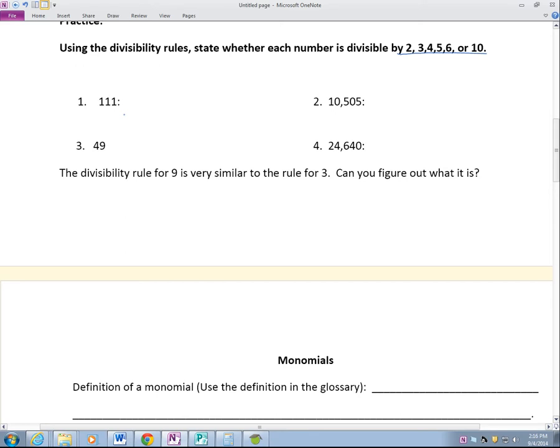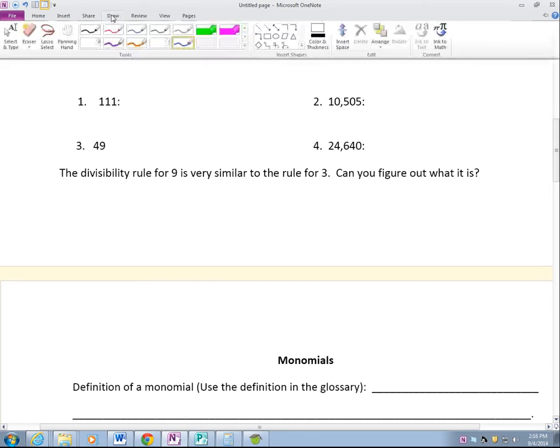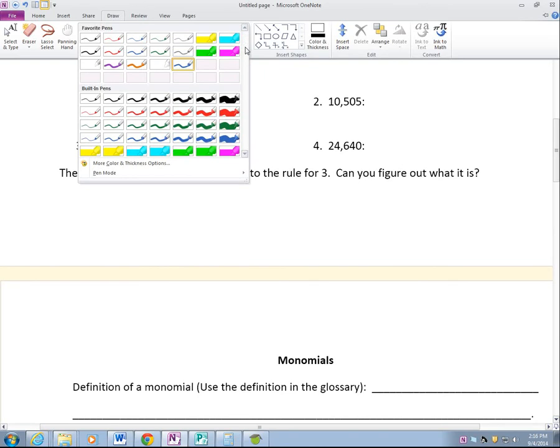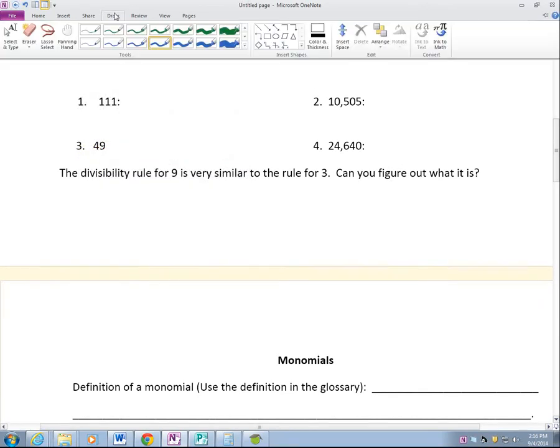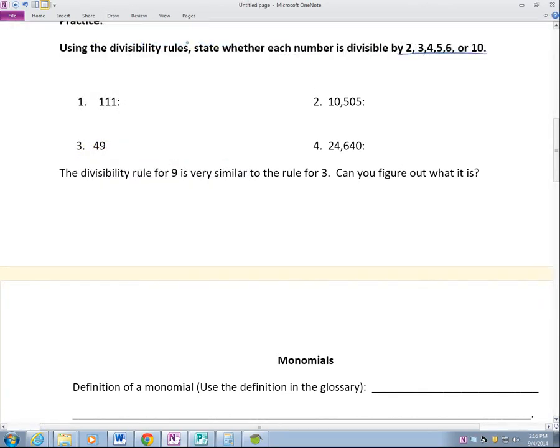Then we have 3. The divisibility rule that you wrote down is that the sum of the integers is divisible by 3. 1 plus 1 plus 1 is 3. And is 3 divisible by 3? Yes. Boom. 3.